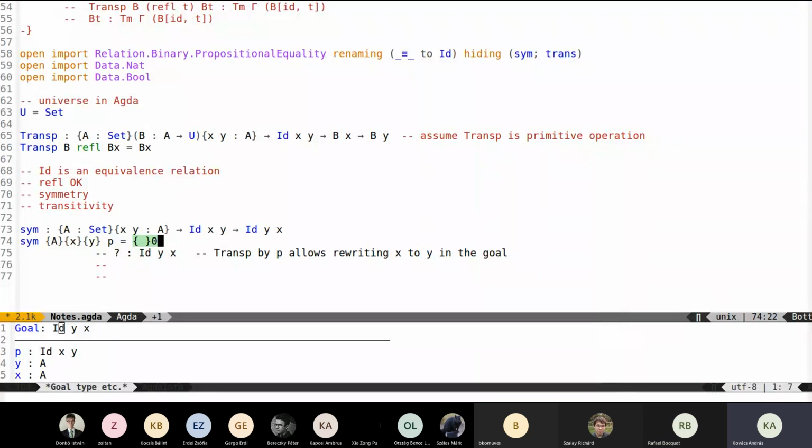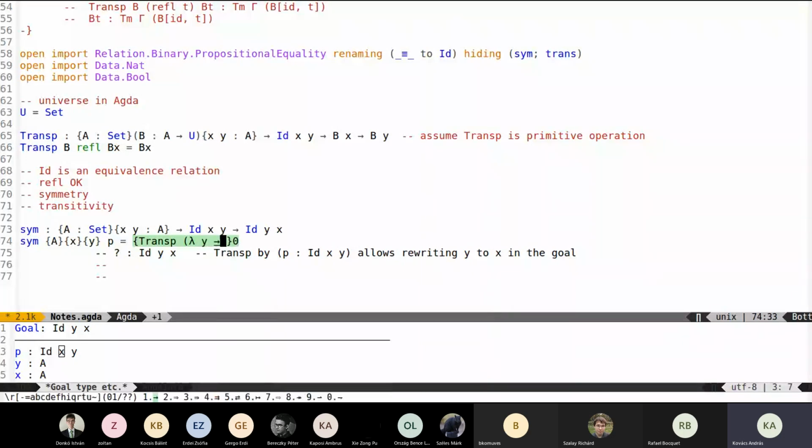So here, if I am using instead the transport of... no, sorry, because I have a proof of id x y, I can rewrite y to x. So transport by p, with id x y, allows rewriting y to x in the goal.